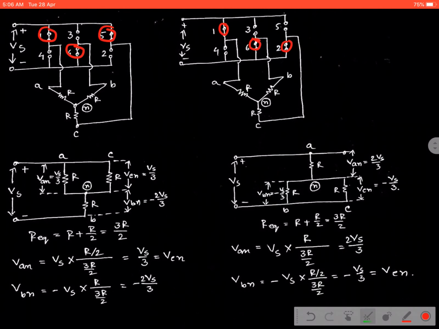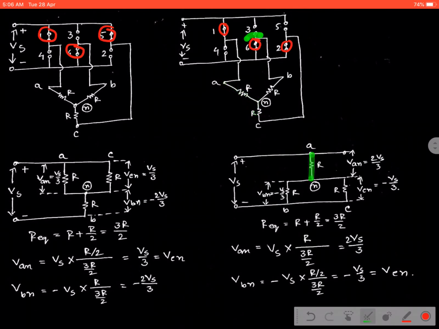See, point A is connected through switch 1 to the positive terminal of the supply, and the other part, A is connected through resistance R to the neutral point.